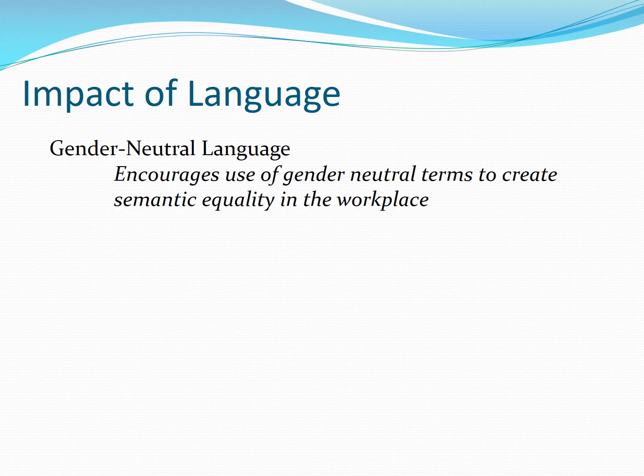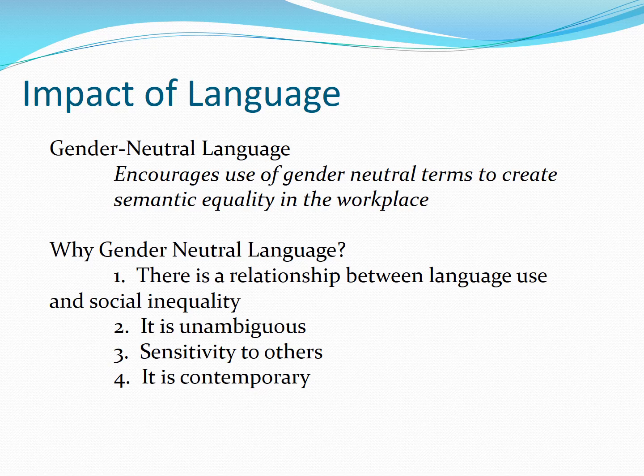Gender-neutral language is important for four reasons. One, there is a relationship between language use and social inequality, and if we can change the way that we use language, perhaps we can create more social justice. Secondly, using specific language and avoiding sexist language creates unambiguous language.